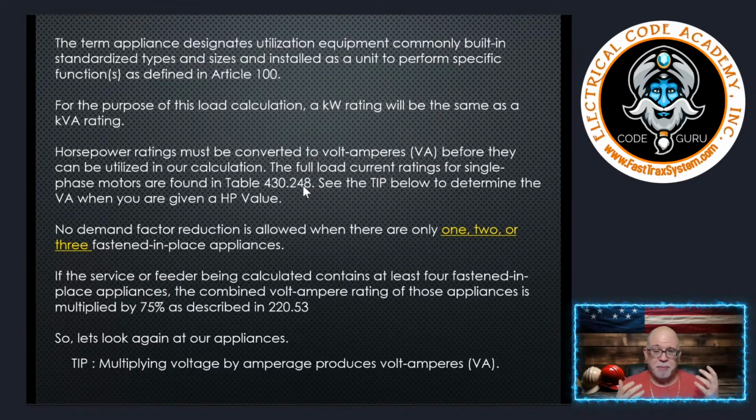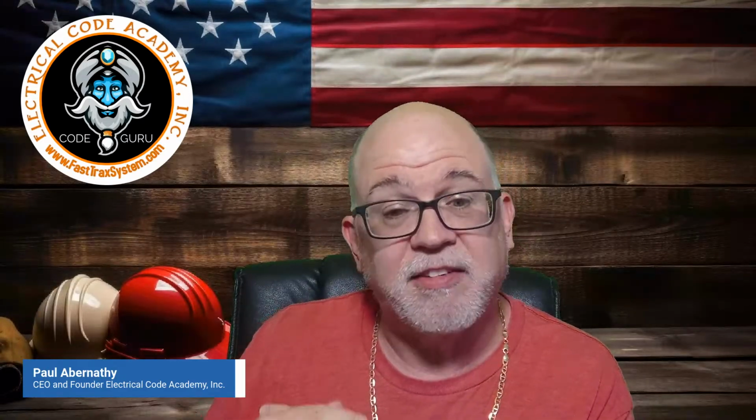So people ask me that question all the time. Now, under the 2023 edition of the NEC, it doesn't have EV in the list in 220.53. So some people will argue that I can treat that as an appliance in order to have it count as part of my 4 or more appliances that are fastened in place. You need to work that out with your local AHJ, but I can tell you the intent was for it not to be.